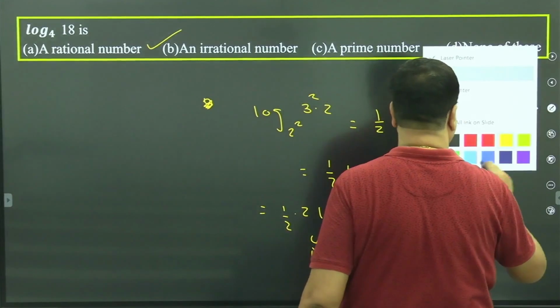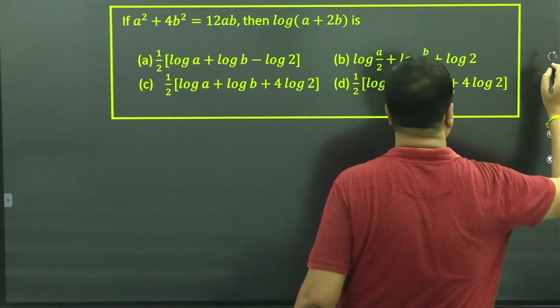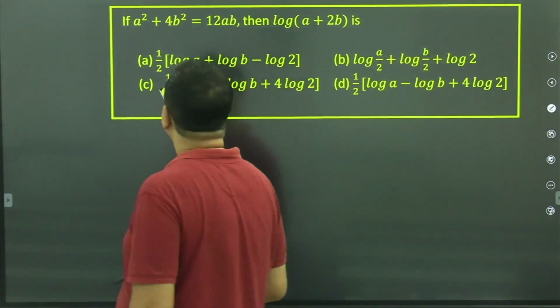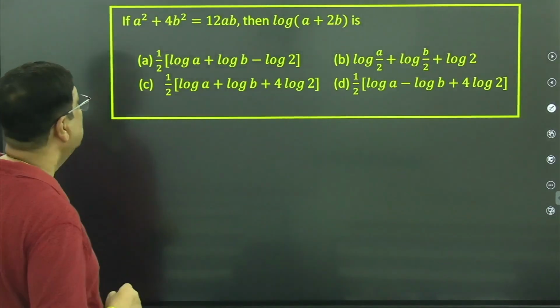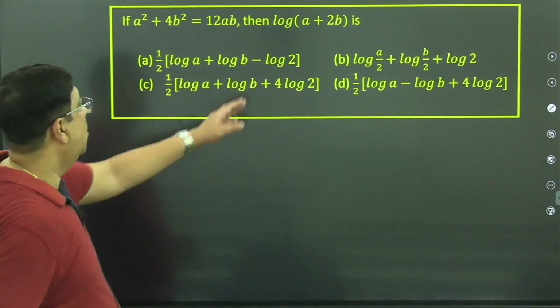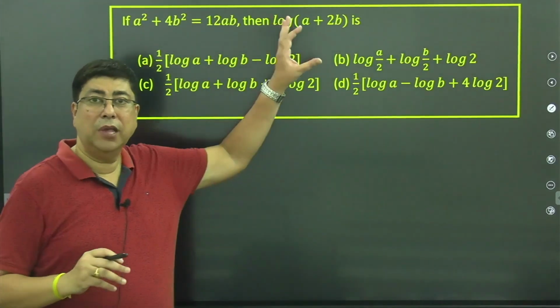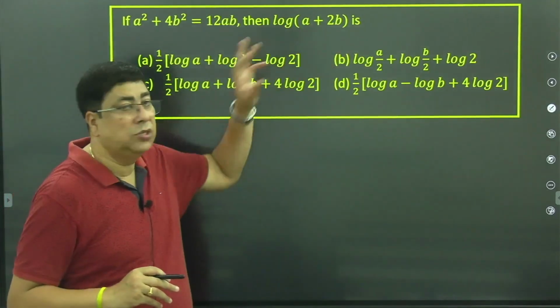Okay, so I am going to the next sum. Here a square plus 4b square equals 12ab, so log of a plus 2b. When this is shown, we need to make a perfect square or cube of a plus 2b.